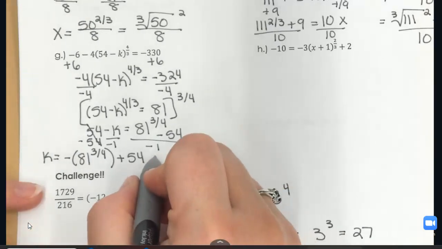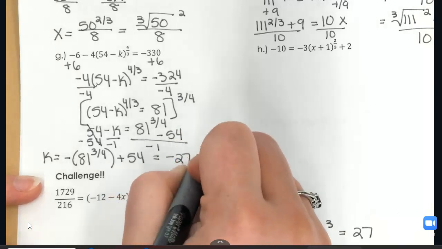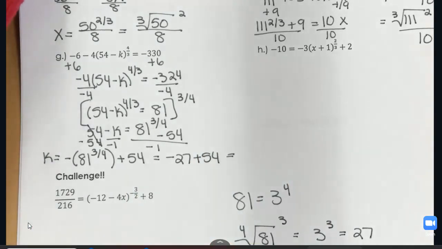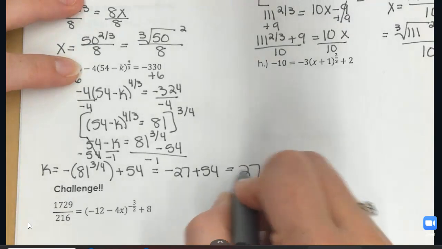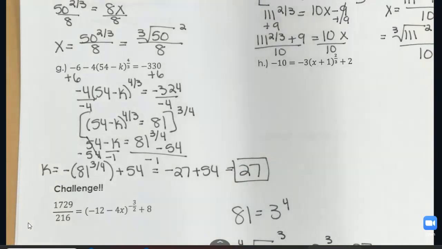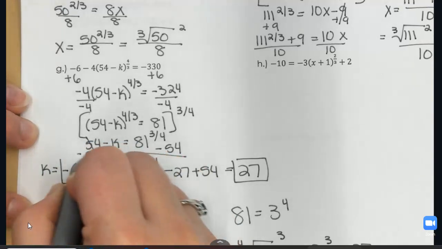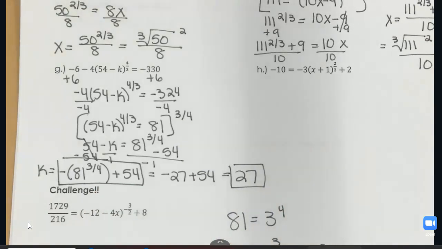So this is also equivalent to negative 27 plus 54, which is positive 27. Now, again, with how far we have taken it, I would accept this answer. But if you were able to recognize that you had a perfect fourth, you could take it further.